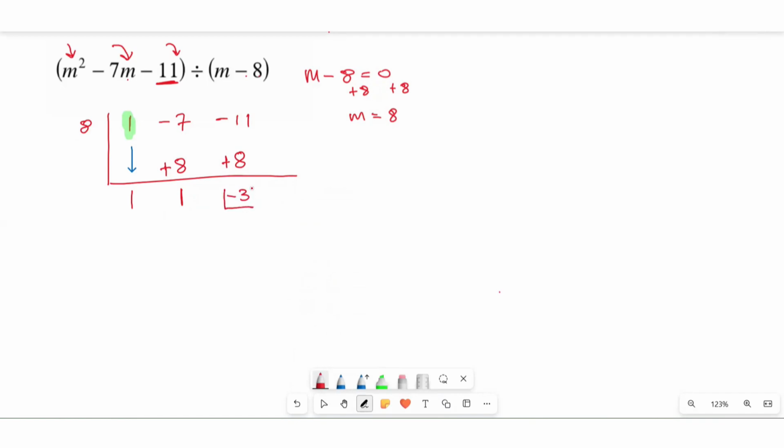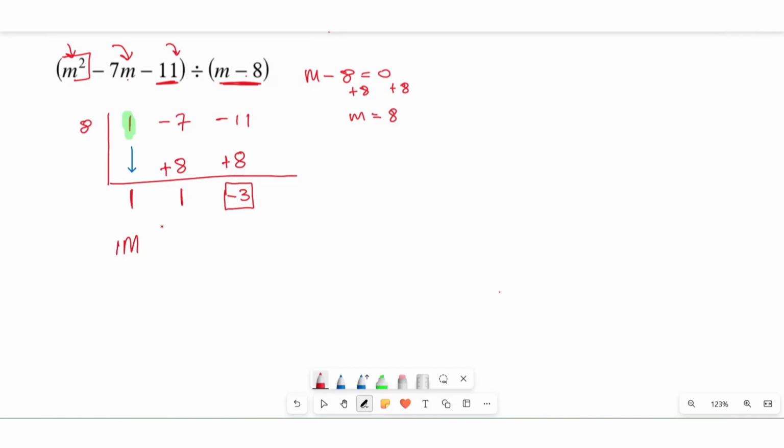The last term in my synthetic division will tell me my remainder. So after we divide throughout by m minus 8, we really get a remainder of -3. Now, how do we organize this? Remember that we started off with m to the second. So when we divide throughout, we will now have just m to the first power. We could just say m. The coefficient is right here.